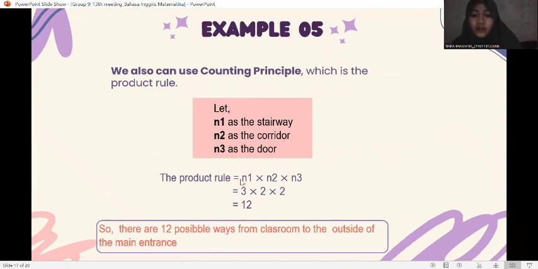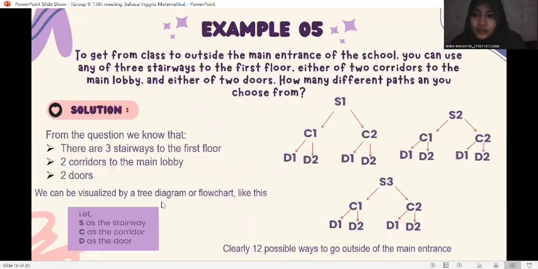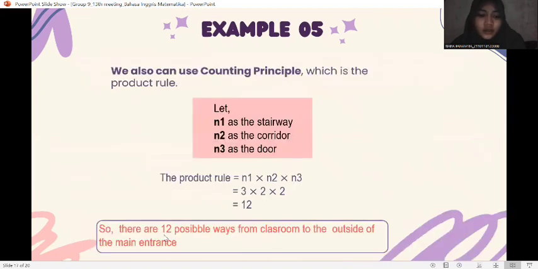The product rule is N1 times N2 times N3. So 3 times 2 times 2 equals 12. There are 12 possible ways to go from the classroom to the outside of the main entrance.